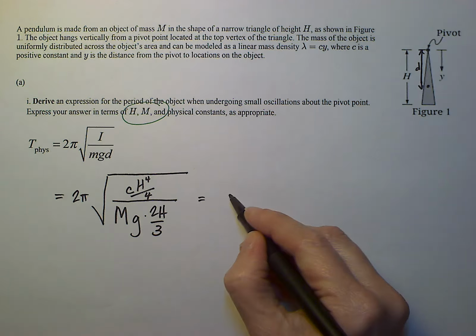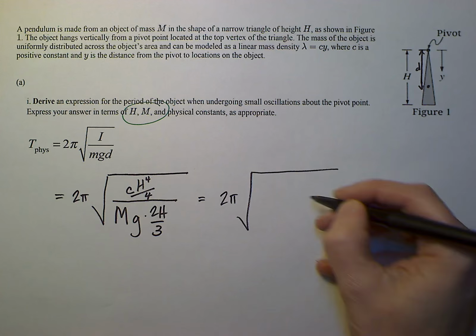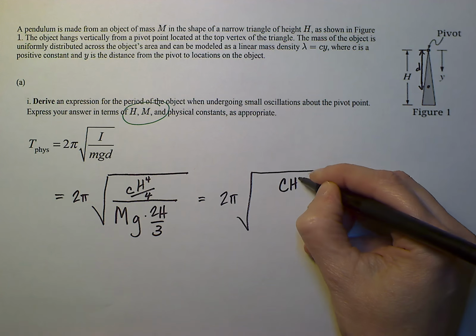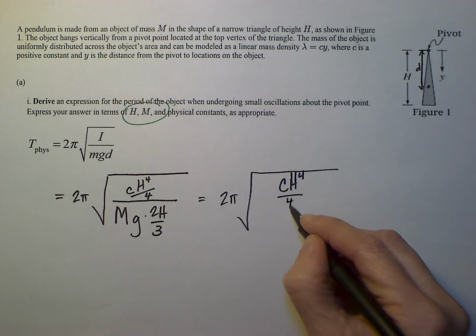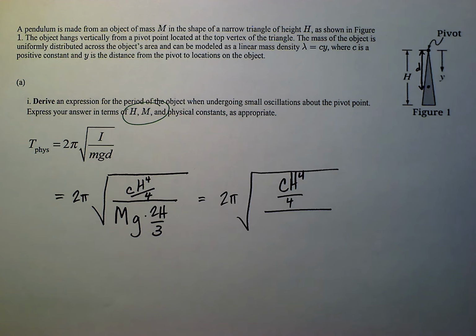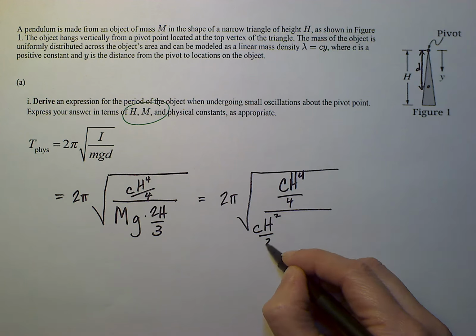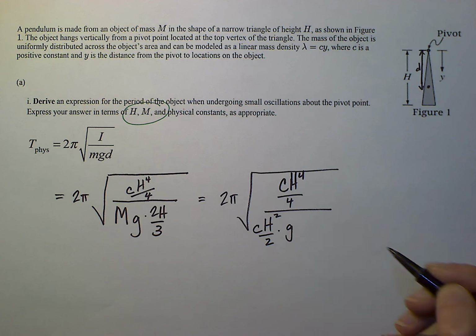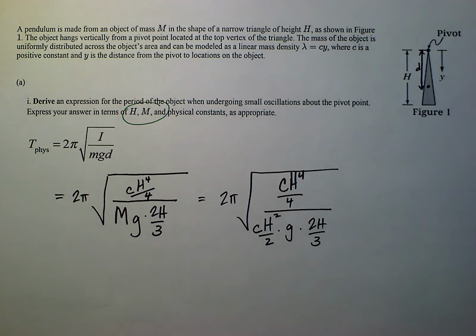Let's rewrite this. 2 times pi square root of c h to the 4th over 4. And then instead of writing m, I'm going to change that to c h squared over 2 times g times 2h over 3. So now I have an expression where I can do just one more simplification.